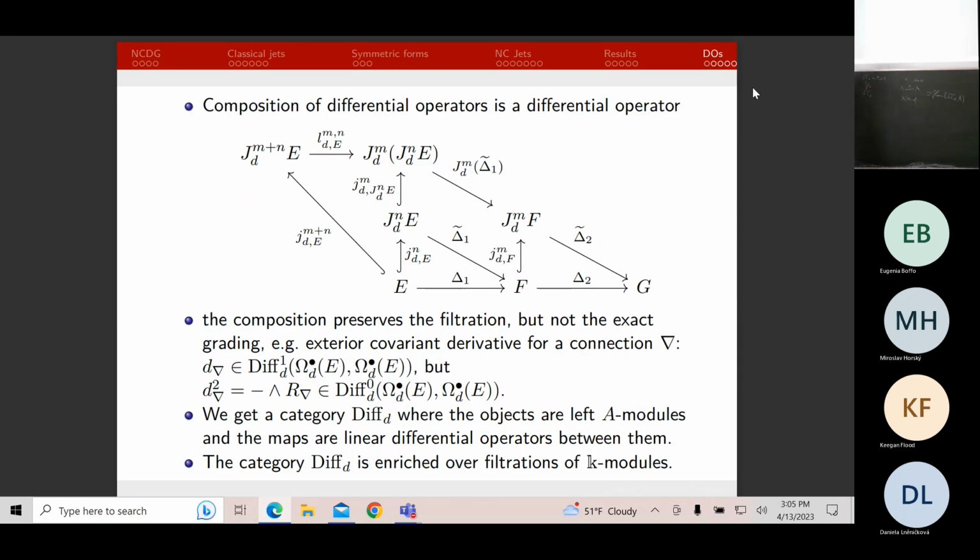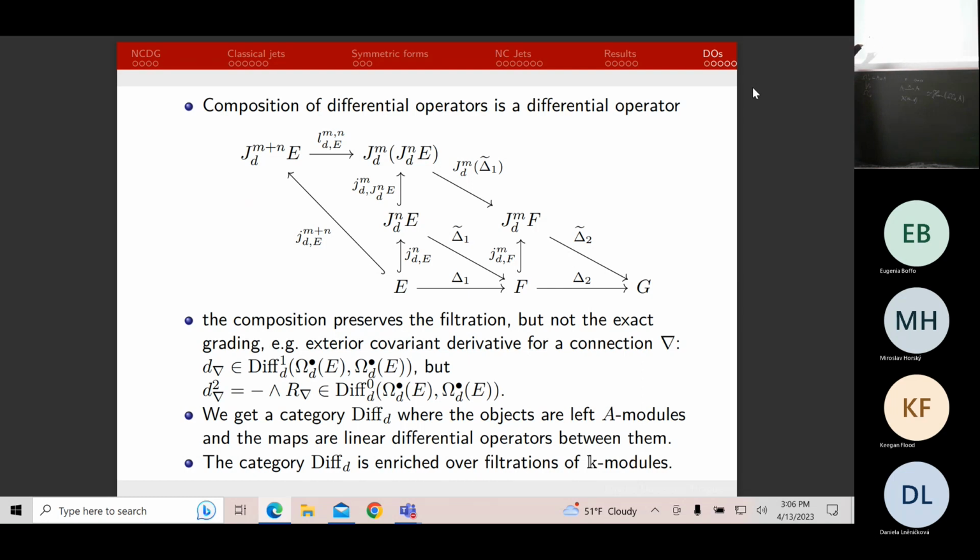Okay, now that we have a filtration of differential operators, it turns out we can also compose them. And without any extra assumption, the composition of differential operators is a differential operator where the order is at most the sum of the orders of the other two.